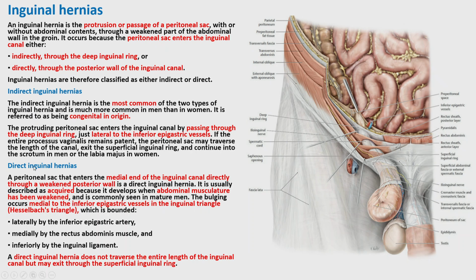Direct inguinal hernia is usually acquired and is due to weakness of the abdominal musculature. It happens medial to the inferior epigastric vessels.